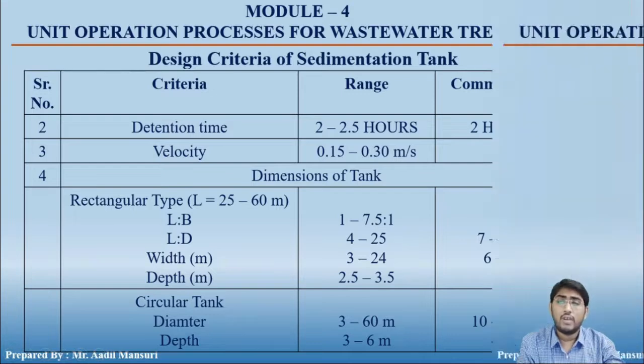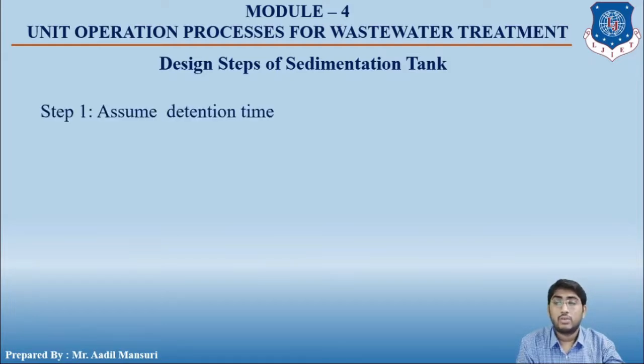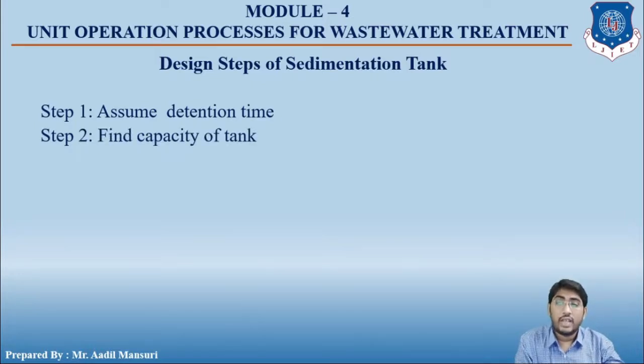Let us now have a look at the design steps of a sedimentation tank. The first step is to assume the detention time. Then find out the capacity of the tank, that is the volume of the tank.